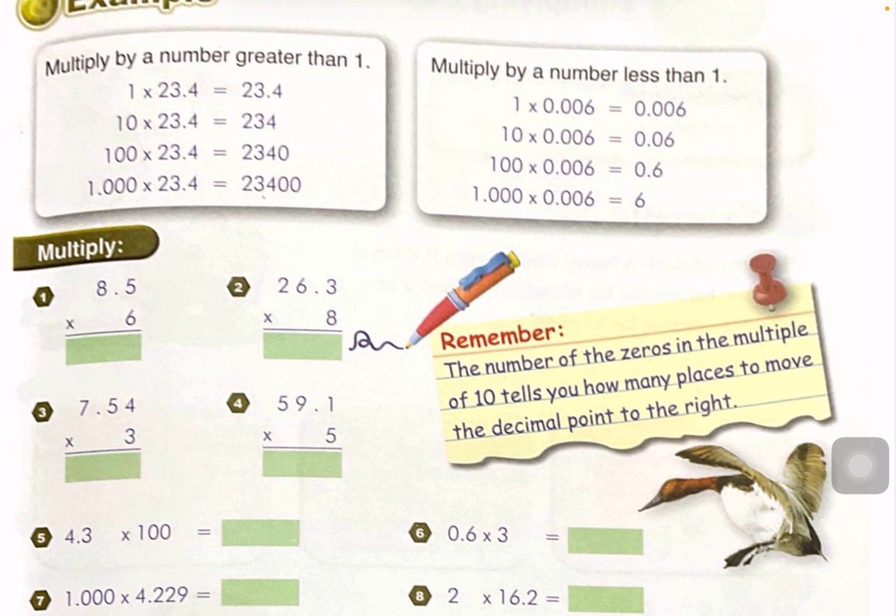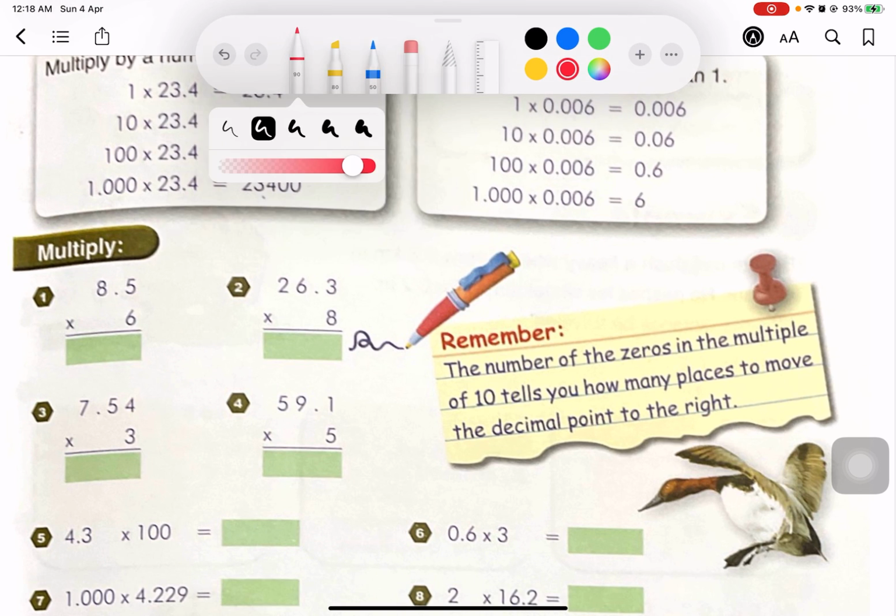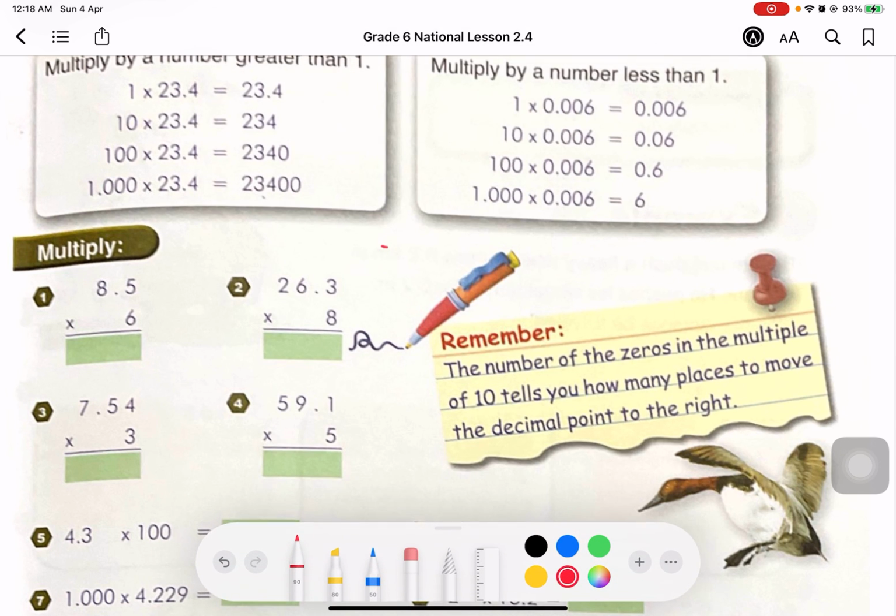So your decimal will move. 10 times 23.4. Now your decimal will be after one digit. Start from the 4. Okay, so my decimal will be here between the 3 and the 4.